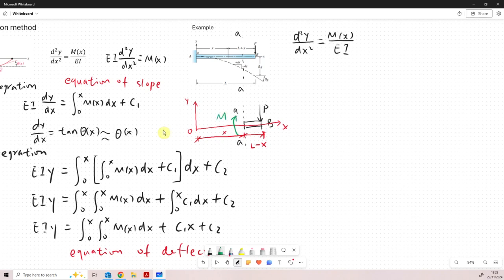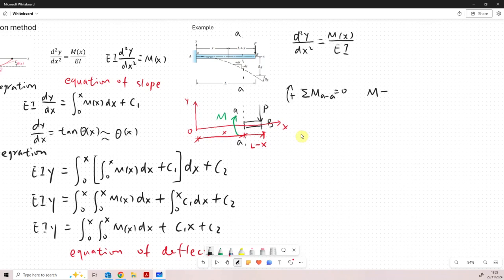So we can express M in this segment. If we write down the moment equation of equilibrium at section A to A, assuming the positive direction for bending moment is clockwise, the bending moment M at this section is positive, and the other moment comes from the concentrated load P, which is also clockwise, so positive as well.